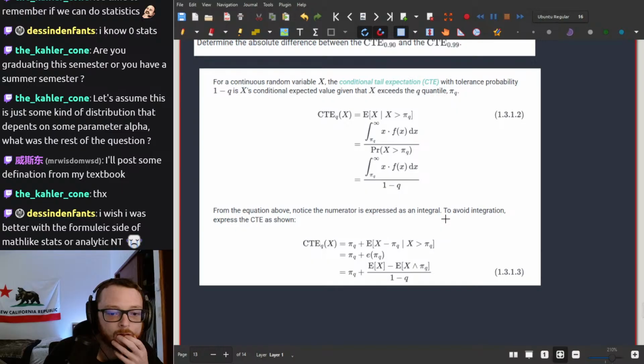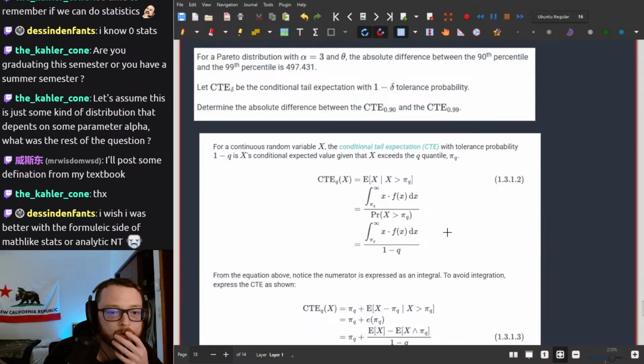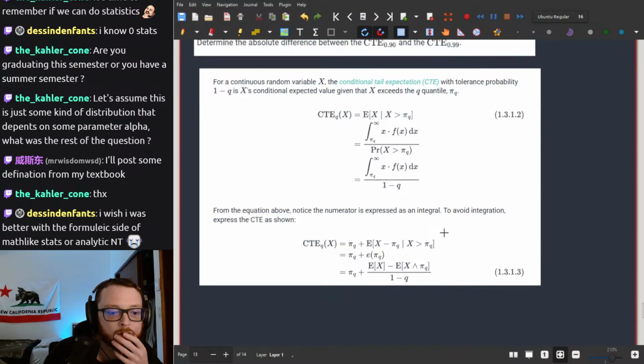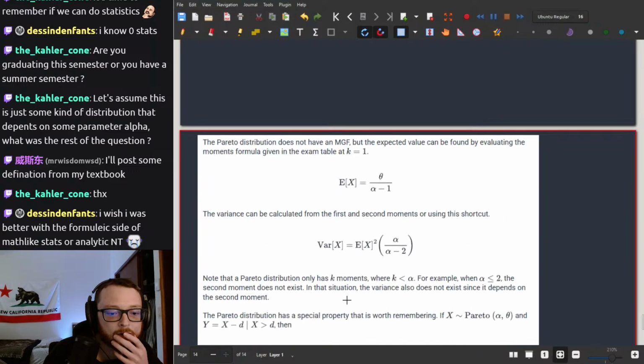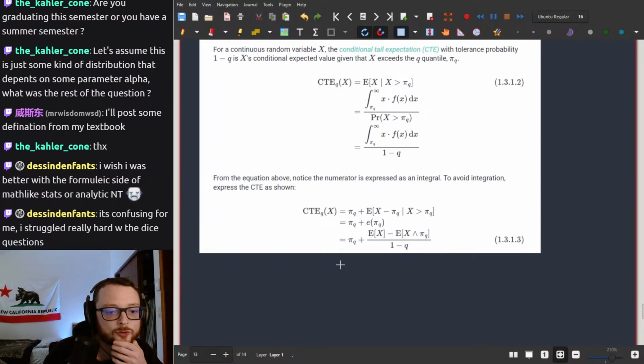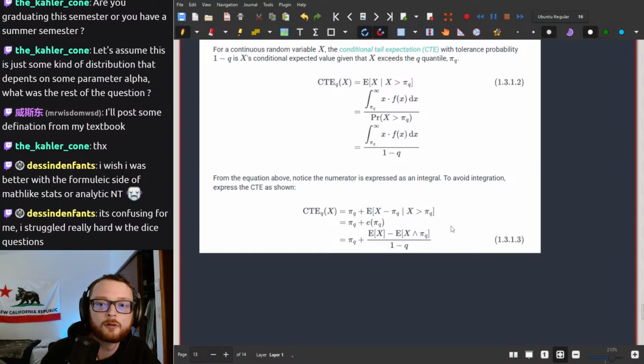So presumably the question wants us to use this formula here, which I'm not familiar with, this notation, like the caret.